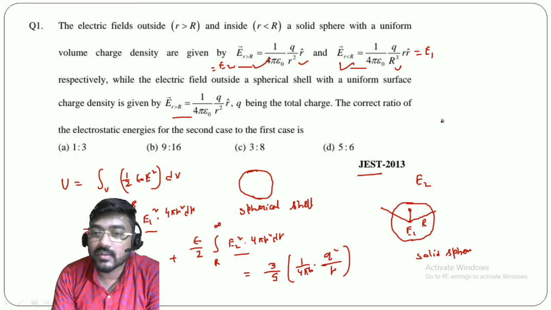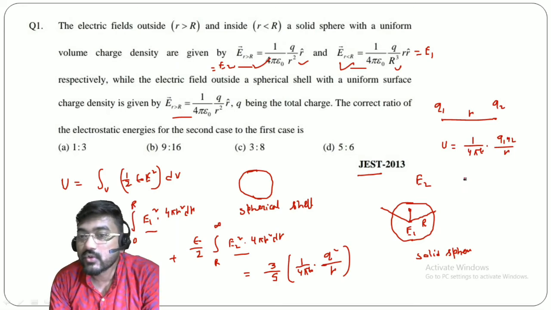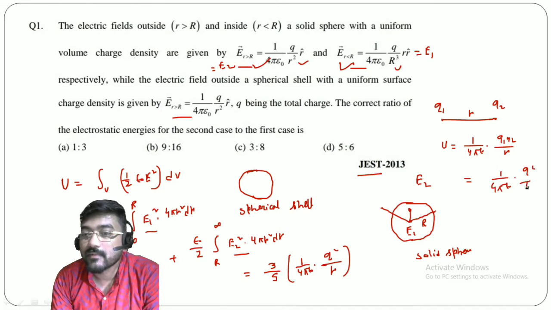If two different charges are separated by a distance r, then the electrostatic energy for two point charges is 1 upon 4 pi epsilon naught into q1 q2 by r. I think you know this result. Now if q1 is equal to q2, you have 1 upon 4 pi epsilon naught into q square by r.